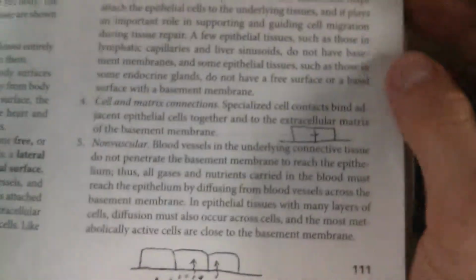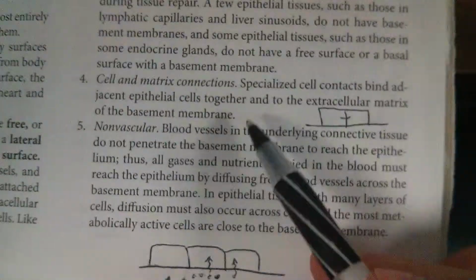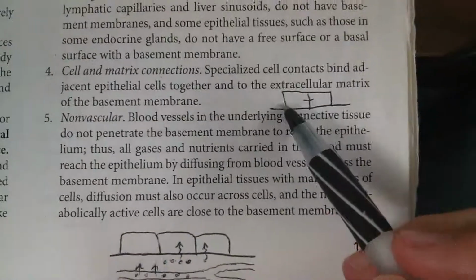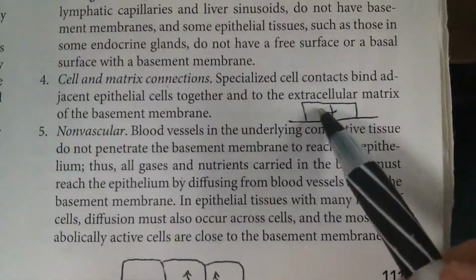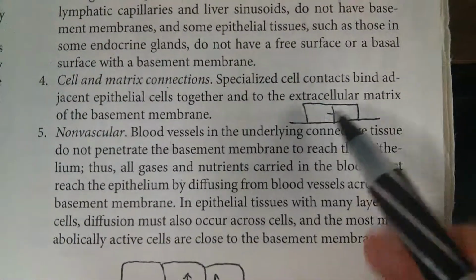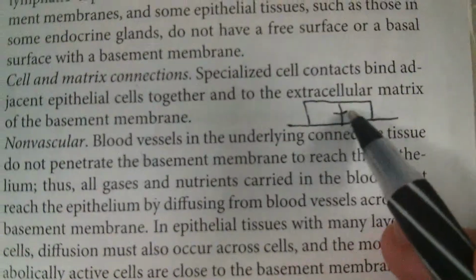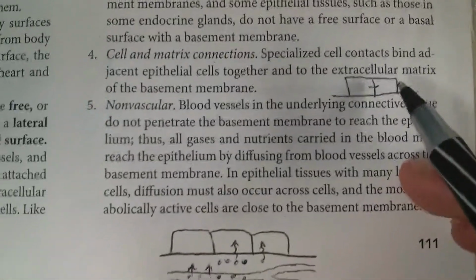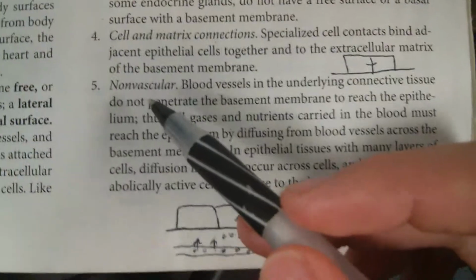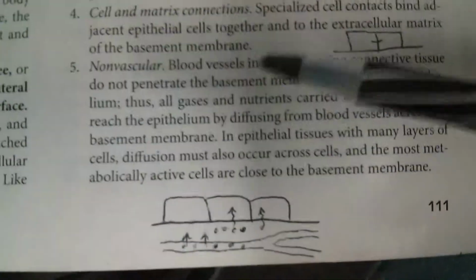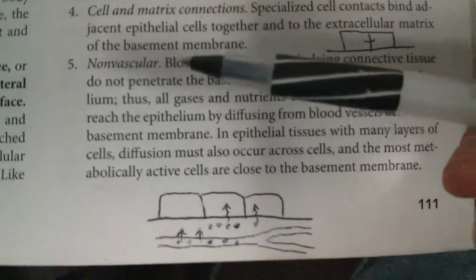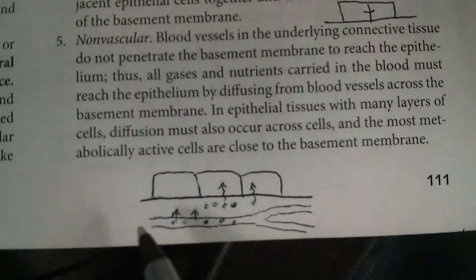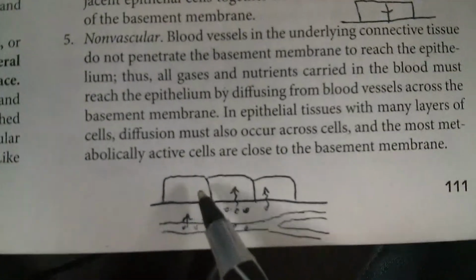Something else is that here you have special cell connections. In order for the cells to hold on to each other, they have certain proteins and other things that help link the cells together. Another thing about epithelial tissue is that it tends to be non-vascular, which means that there aren't blood vessels that actually extend into the cells themselves.